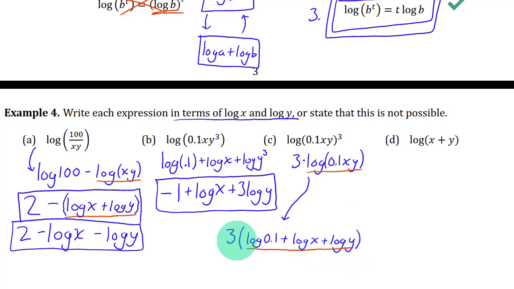I need the parentheses because remember you have 3 times this whole thing here, so all of this should be multiplied by 3. If you don't have these parentheses, it looks like you're just multiplying just the 3 times this part, which is not quite right. So that needs parentheses. And then log of 0.1 is still -1. So this is going to be 3 times -1, which gives you -3, and you can distribute the 3 into the rest of this.